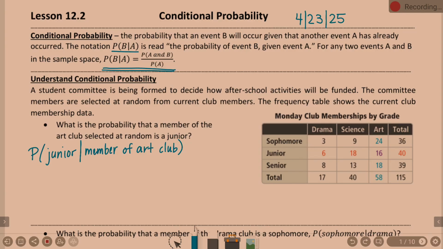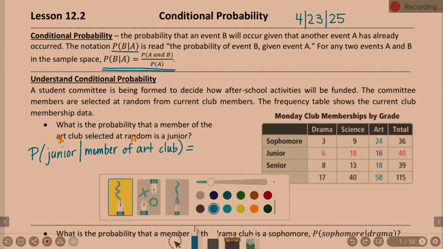Now, in terms of setup, if we use our formula, here's what I would think. The formula uses B and A, yes? So if we use that basic setup, think of this as junior being B and member of art club being your A. Does that help you to be able to set up your formula? Okay, because that's basically what we're looking at here.